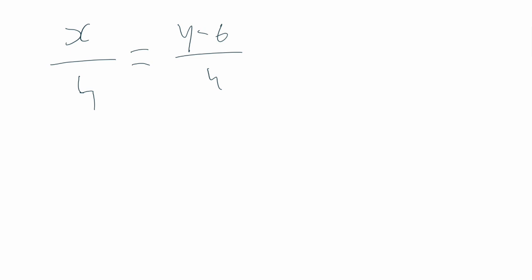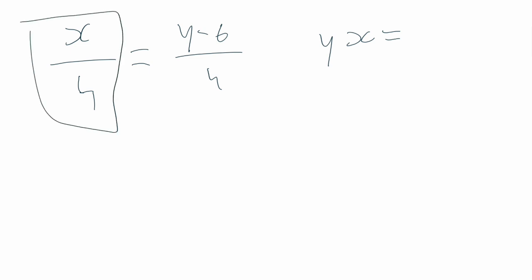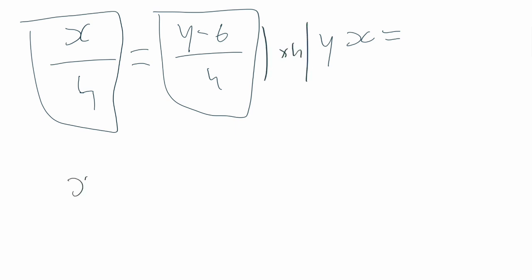So we're going to work with this, and then this will be our x equation, and then we're going to have another equation like this, y times x. Okay, so x divided by 4 equals y minus 6 over 4. We'll just multiply it by 4. This will give us x equals y minus 6.